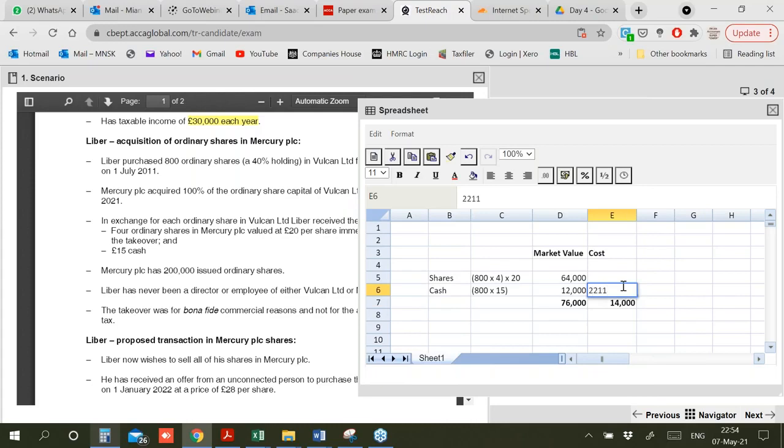So 2,211 can be the cost of the cash, and the difference between the 14,000 and the cost that I've allocated to cash can become the cost of my shares.